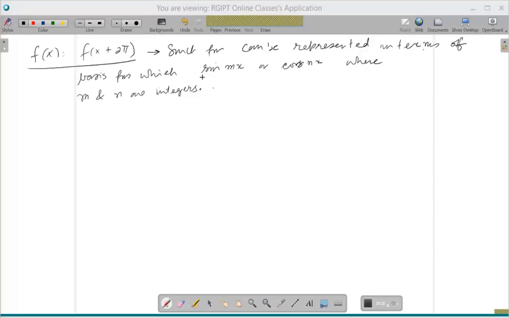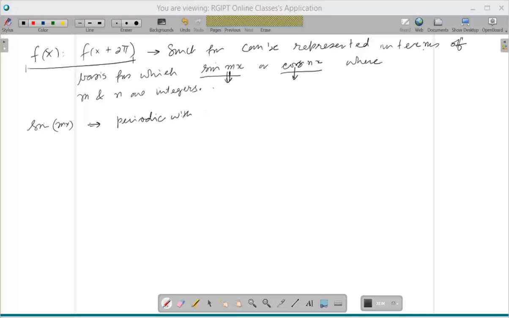First of all, why is this a natural choice of basis function? If f(x) is periodic with period 2 pi, then all these functions will be periodic with period 2 pi. Definitely there will be periodicity of 2 pi. Of course, what is the periodicity of sin mx, by the way? Its periodicity is 2 pi by m. You all know that sin ax or cos ax has a periodicity of 2 pi by a.